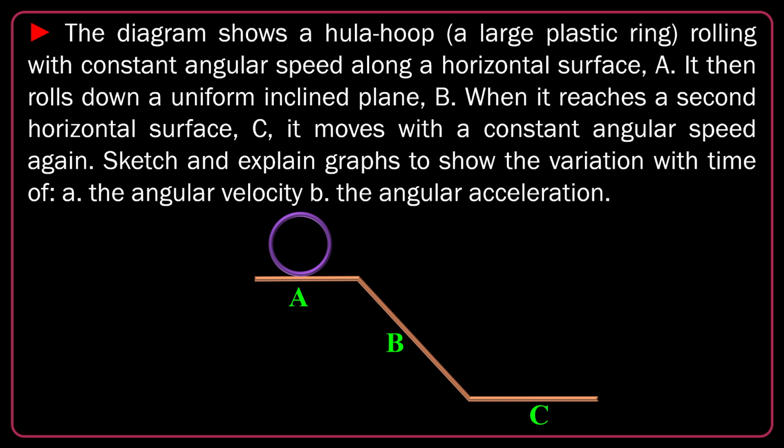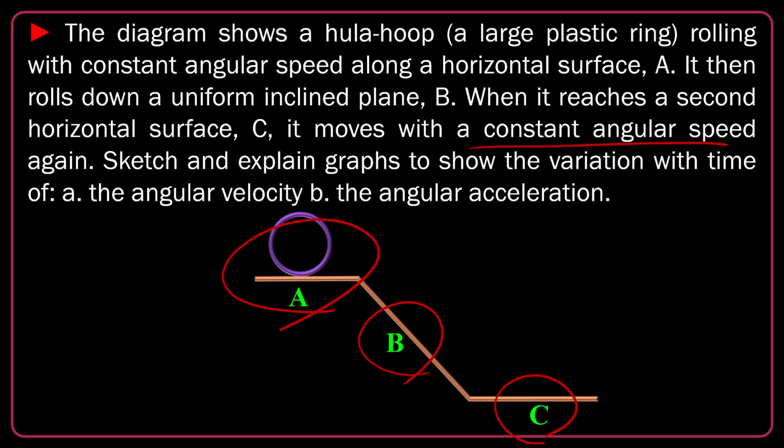A diagram shows a hula hoop, a large plastic ring. You know what that is? It is rolling with constant angular speed along a horizontal surface. This is the horizontal surface, A. It then rolls down a uniform inclined plane, the slope B. When it reaches the second horizontal surface C here, it moves with a constant angular speed.